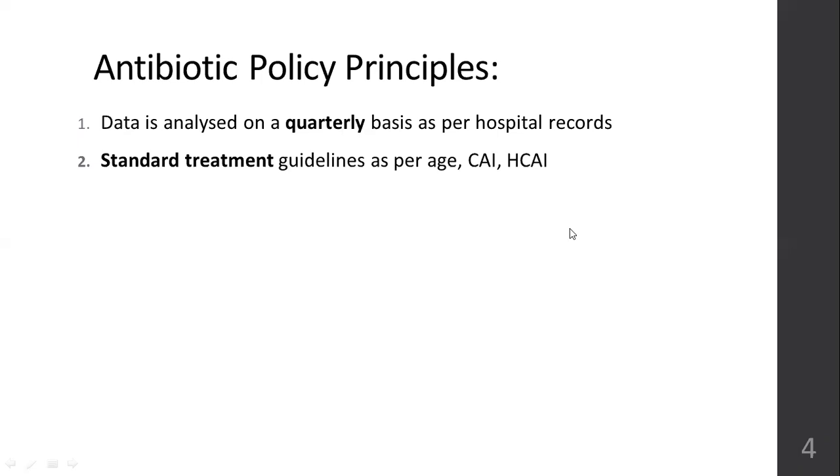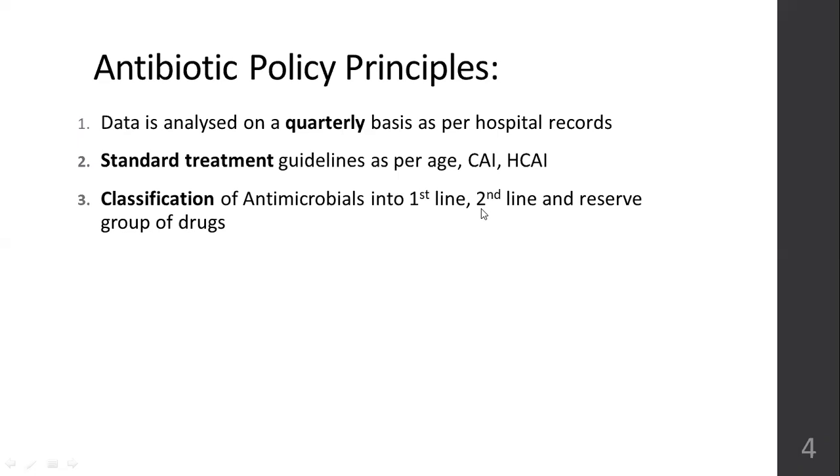The procedures, medicine doses and frequencies used in an NICU would be different from what you do in an inpatient ward. So based on the patient's age, which type of infection, which kind of ward, and site of infection, standard treatment guidelines are prepared and you have to follow that.